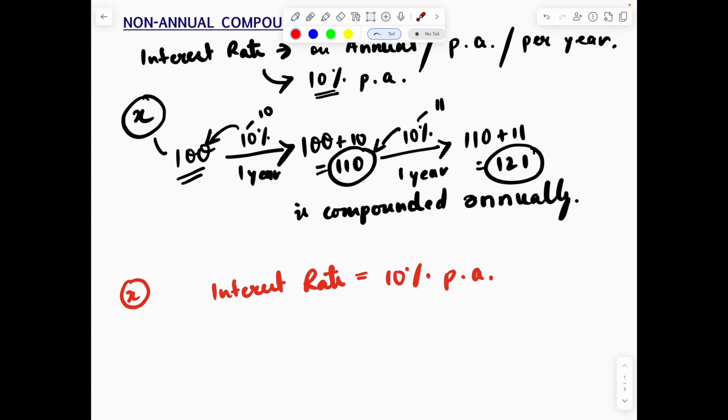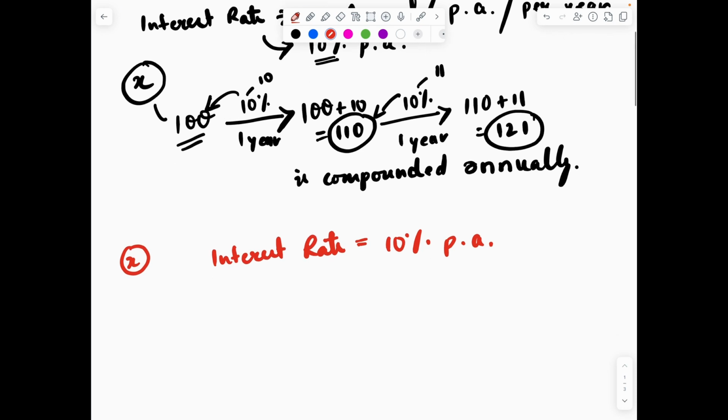In my case, when you come to me, I tell you that the interest rate I'm going to charge is the same as the bank, 10% per annum. But the calculation and charging of the interest, I say I'm going to do on a monthly basis.